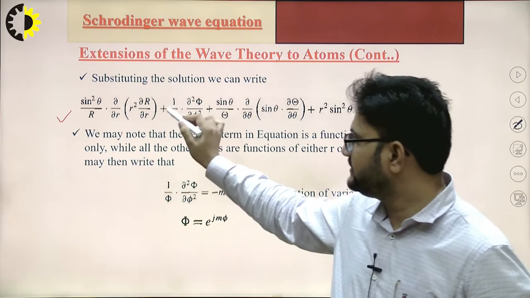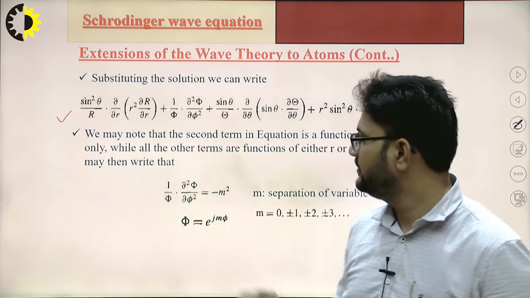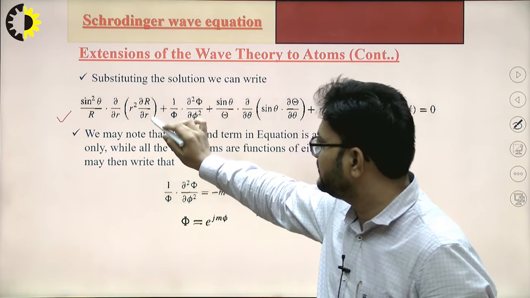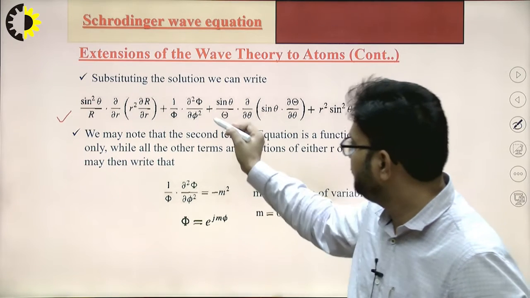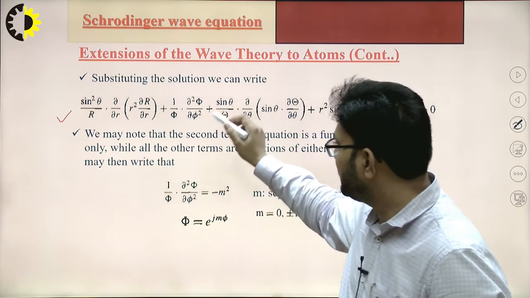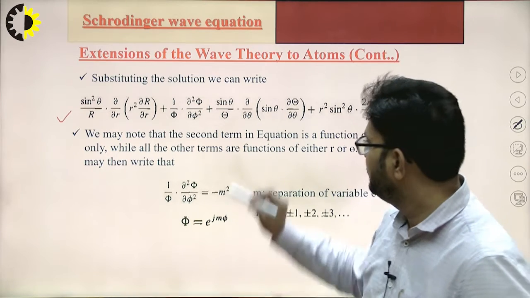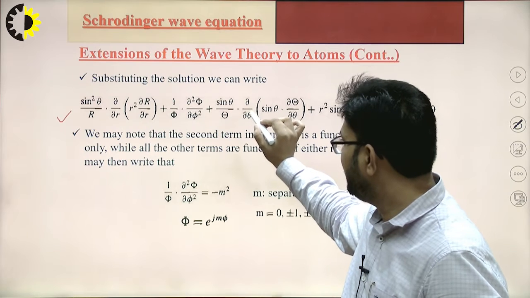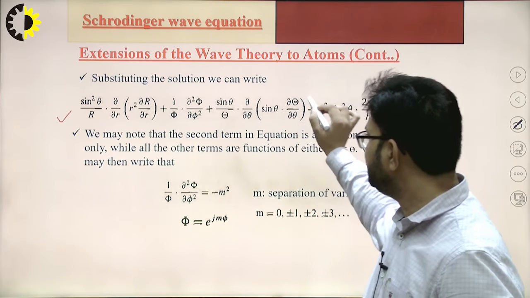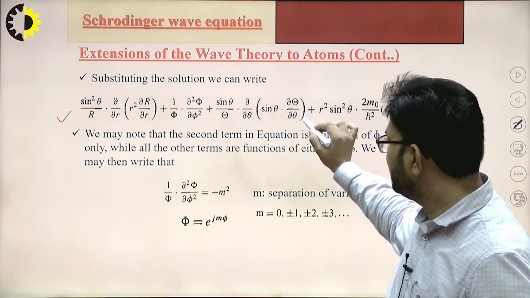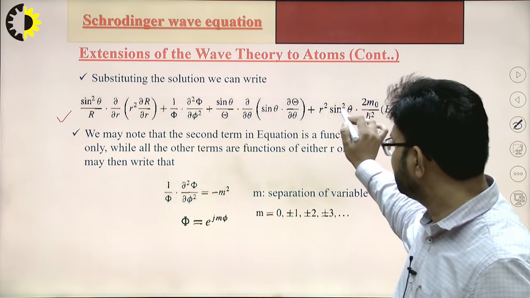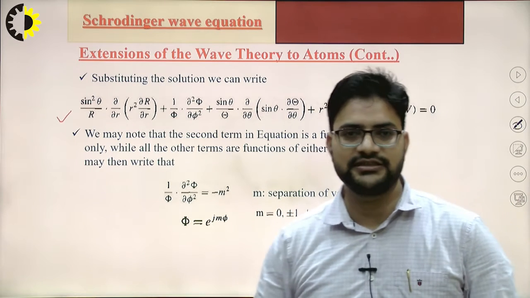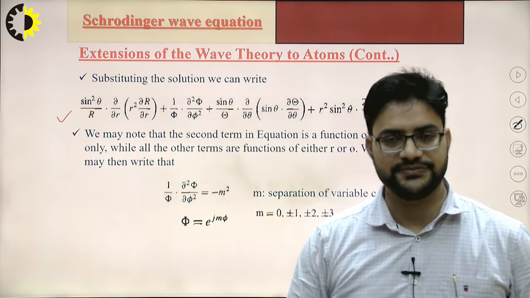sin square theta divided by R, del upon del r of r square del R upon del r, plus 1 upon Phi, del 2 Phi upon del phi square, plus sin theta upon Theta, multiplied by del upon del theta of sin theta del Theta upon del theta, plus r square sin square theta, 2 m naught divided by h bar square, E minus V is equal to 0.